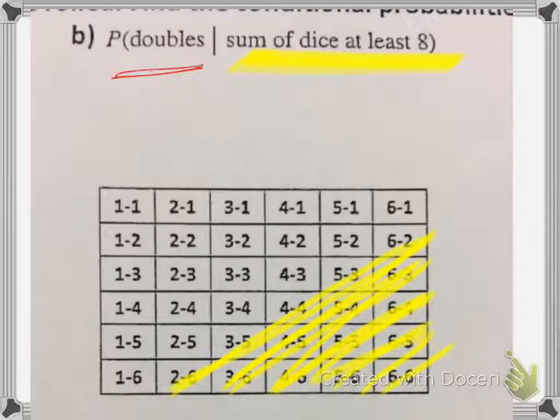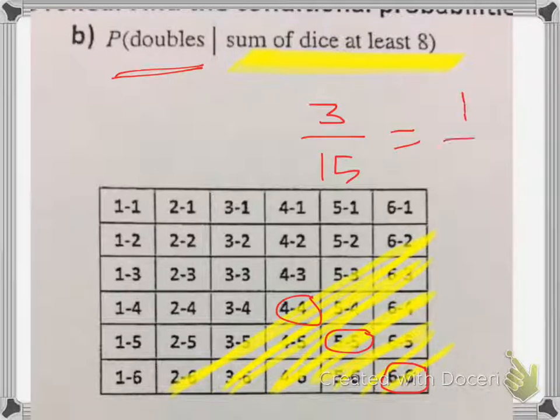After that, I need to find the ones that are doubles out of that. So out of those, I have 6 and 6, 5 and 5, and 4 and 4. So on that probability right there, I have 3 possible doubles out of 15 total, which would be a probability of 1/5 that those happened.